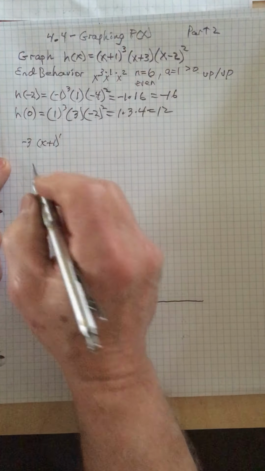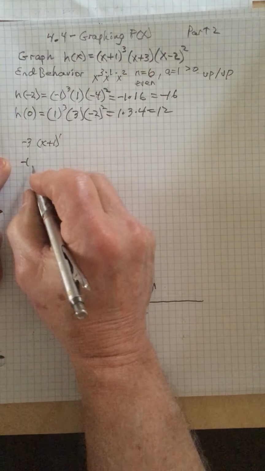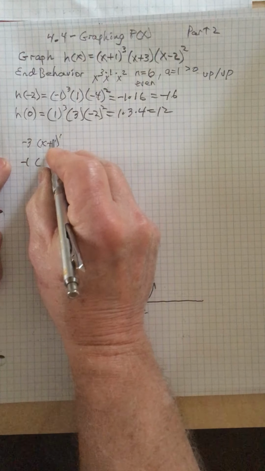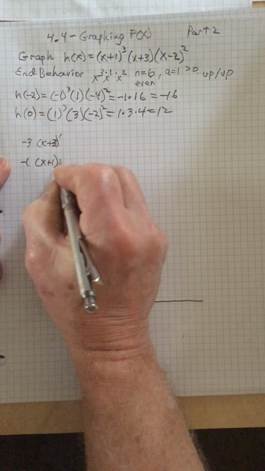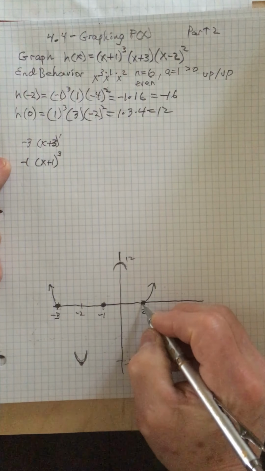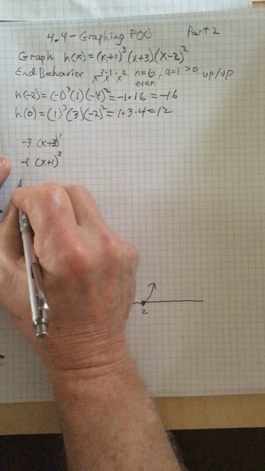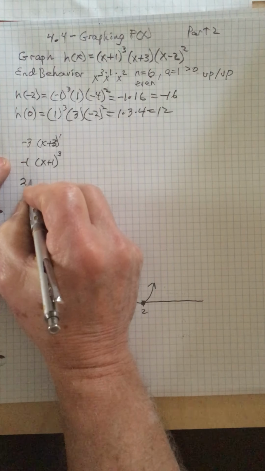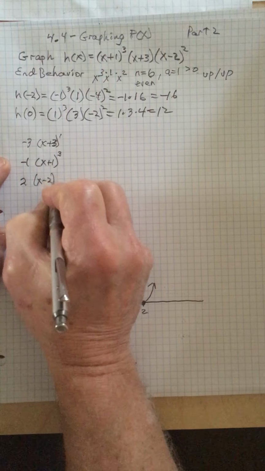The next one would be minus 1, x plus 1, that's cubed. And then our last root is over here. That root is 2, and that's x minus 2 squared.